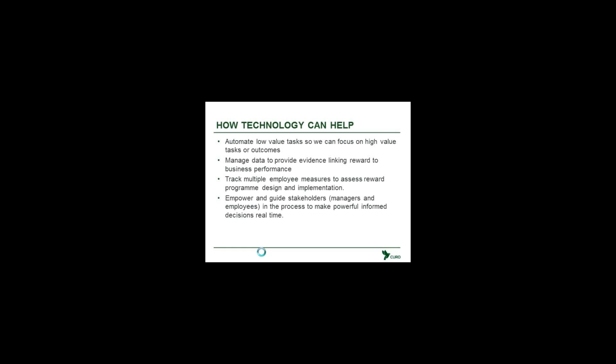So many leading platforms are integrating new BI and analytical tools in order to support and enhance this process, and that's something we've done at Curo too. So we integrated a leading BI platform into our product, and we call that ITCM, Intelligent Total Compensation Management.